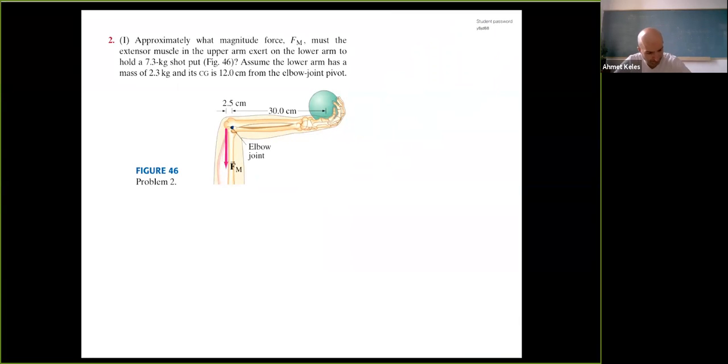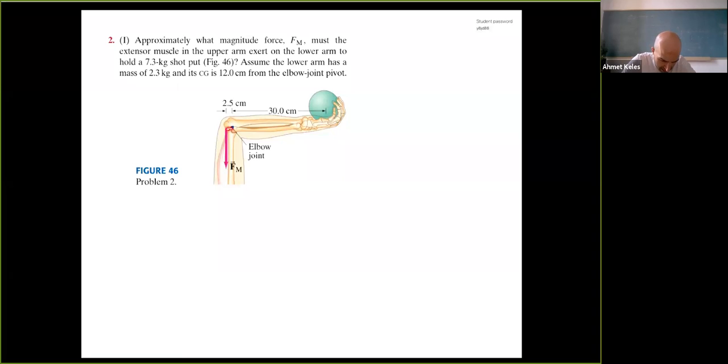Here's the problem. Approximately what magnitude force F sub m must the exterior muscle in the upper arm exert on the lower arm to hold a 7.3 kg shot put like this? Assume the lower arm has a mass of 2.3 kg and its center of gravity is 12 centimeters from the elbow joint pivot.